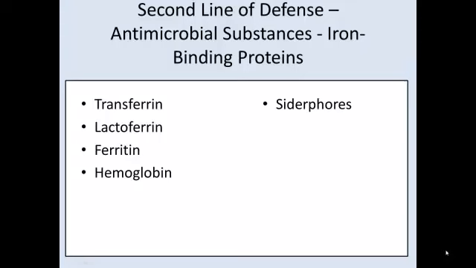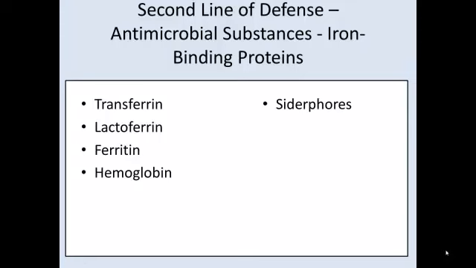Ferritin binds to iron in your bone marrow and in your spleen, any place where red blood cells are being produced, or like in the spleen, where worn out blood cells are degraded. The iron is recovered and it's transported to the bone marrow where you're making new blood cells. And of course, hemoglobin binds iron in red blood cells and it is used in the transport of oxygen within your body.